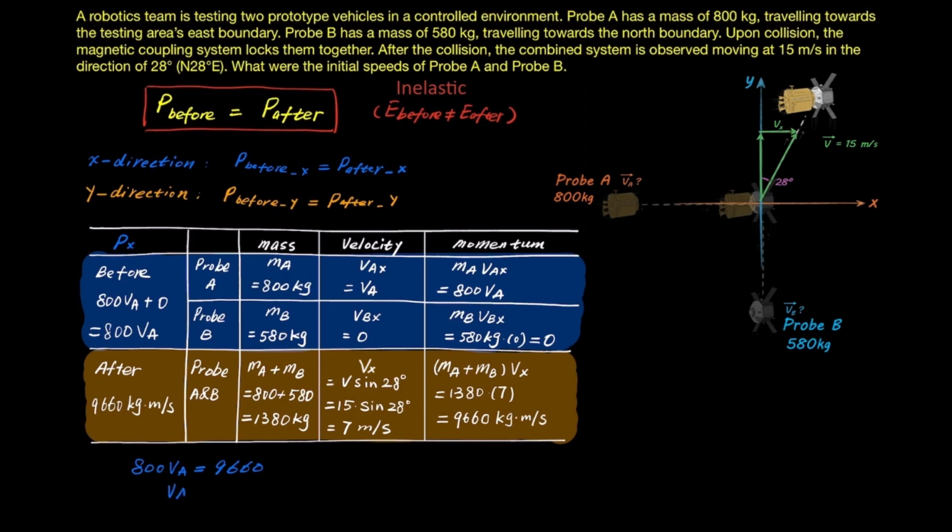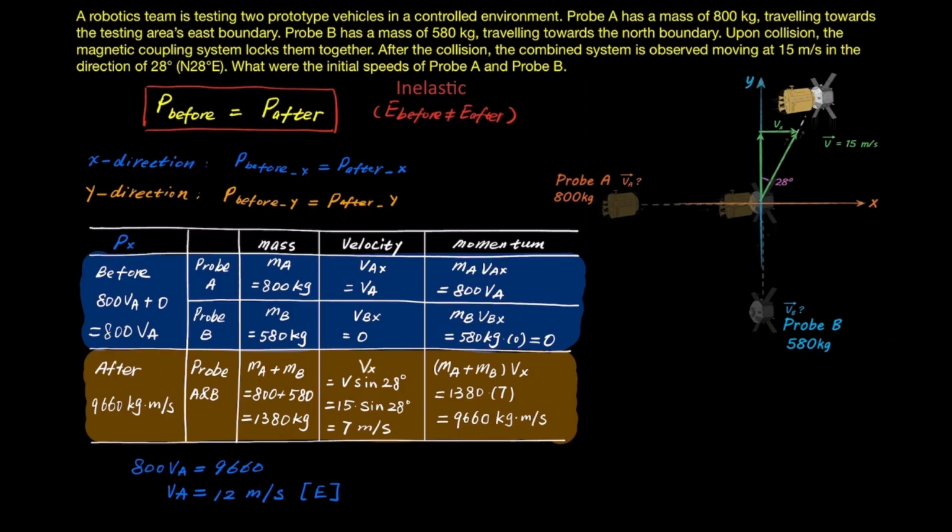Then we can easily solve for VA by dividing the final momentum by the mass. This calculation gives us VA equals approximately 12 meters per second. So before the collision, probe A was moving at 12 meters per second towards east. We found the initial speed of probe A.